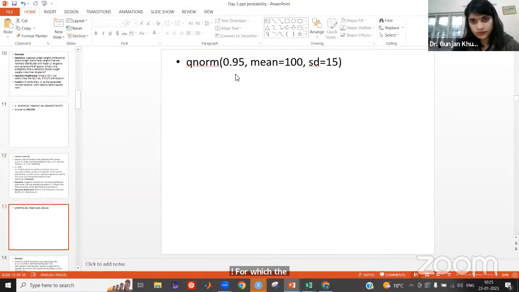So you will have to calculate like this. What is the answer in this case?